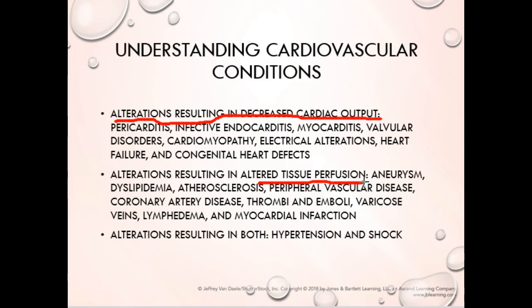And you could see, basically cardiac output will be a functional abnormality with the heart itself, where it can't obviously pump the blood out. Like I said, I won't make a list of all these things. And then lack of perfusion is the lack of blood getting out to the tissues.